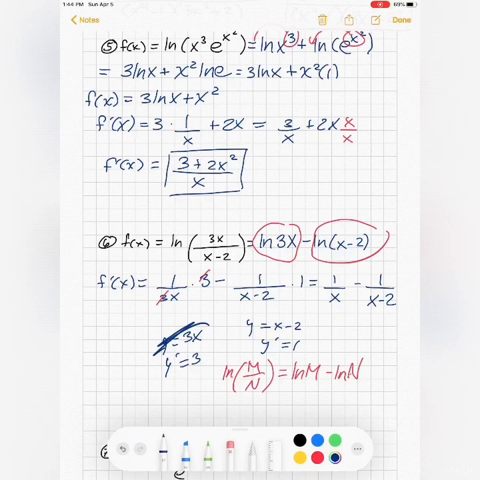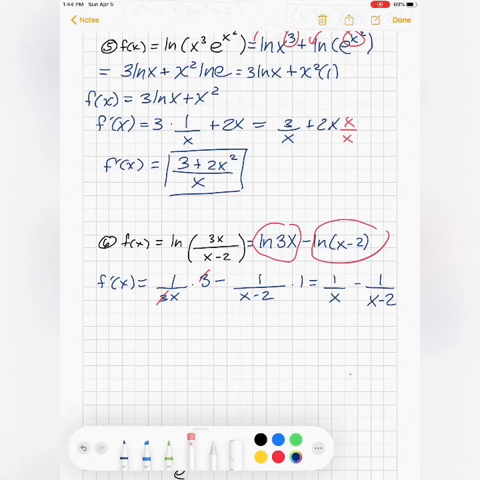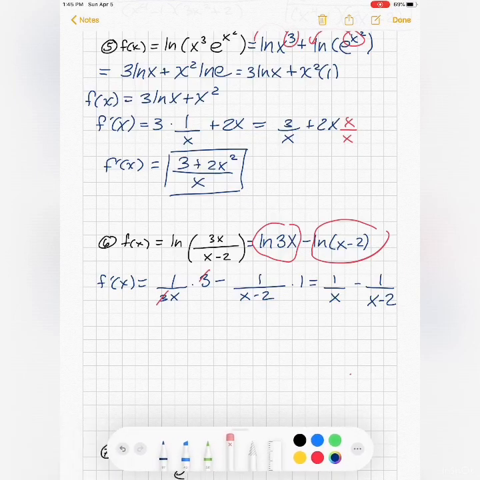Clean up some of that scratch work. And then, I don't know, I think I would do an LCD again. So I'm going to multiply this one by x minus 2. And this one by x. x minus 2 minus x over x times x minus 2.